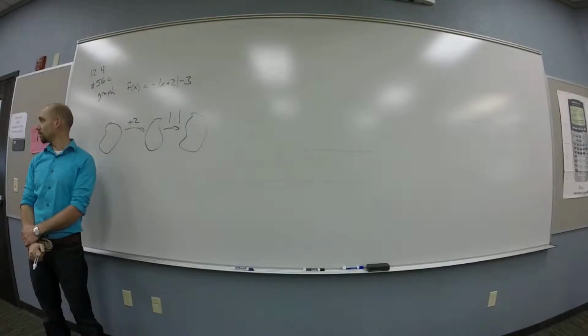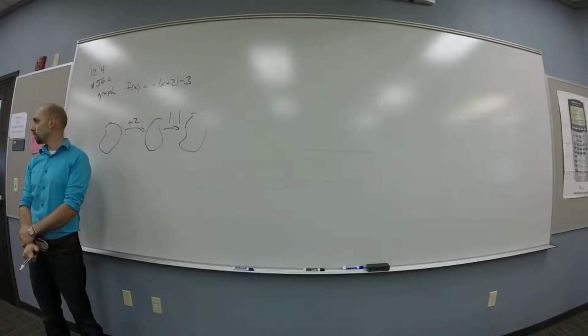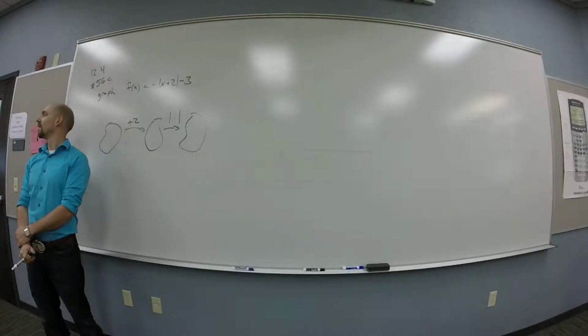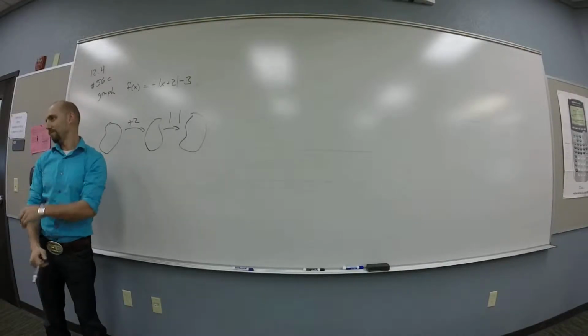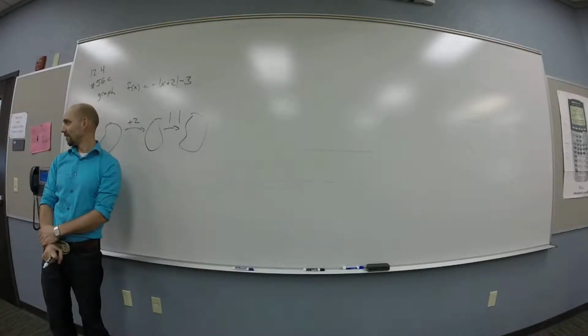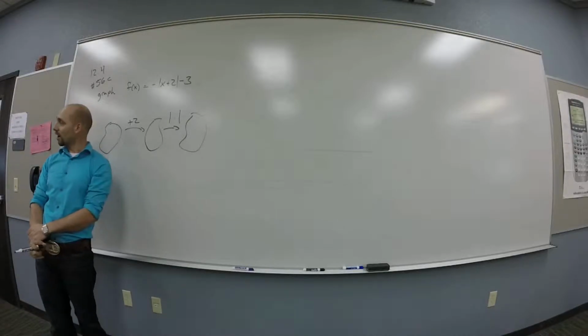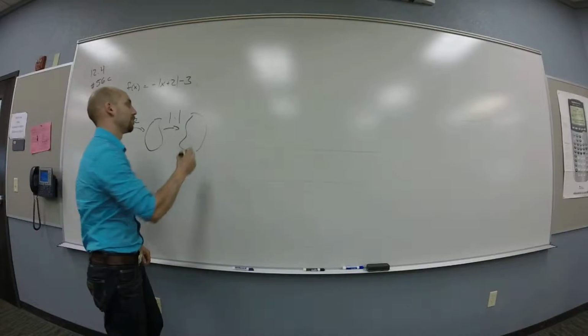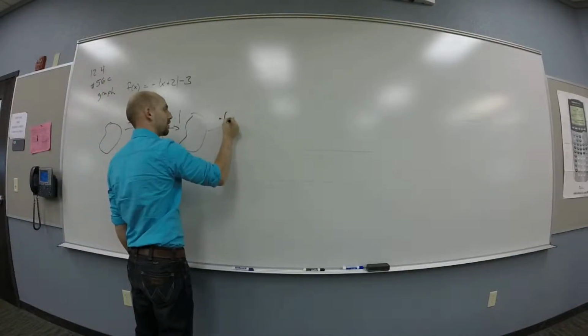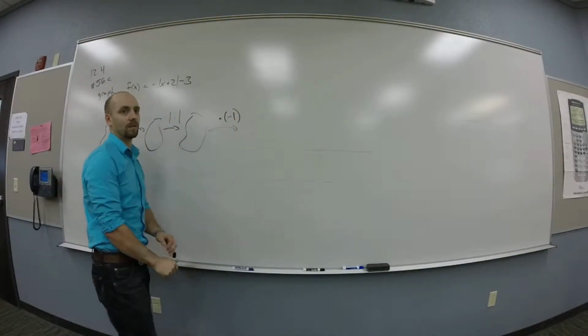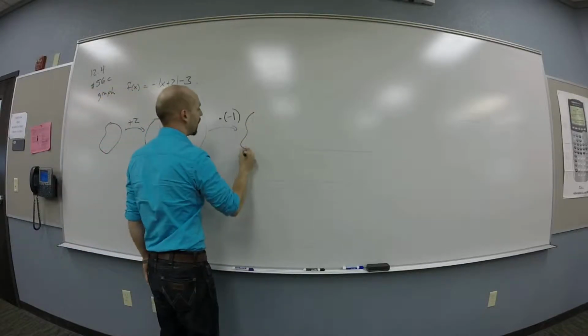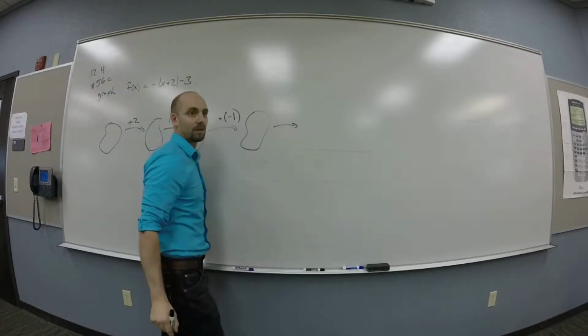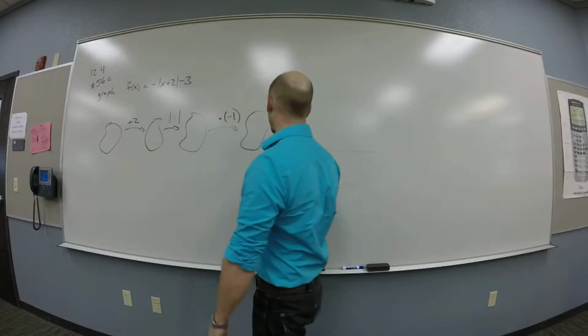Yeah, so the output of the absolute value is always positive, but you're going to have a negative because of the negative in front of it. So my next step is to multiply by -1, right? I take the result that I got out of the absolute value and make it negative. That means I'm multiplying by -1. Okay, then what's the last thing I do? Yeah, I should subtract 3.